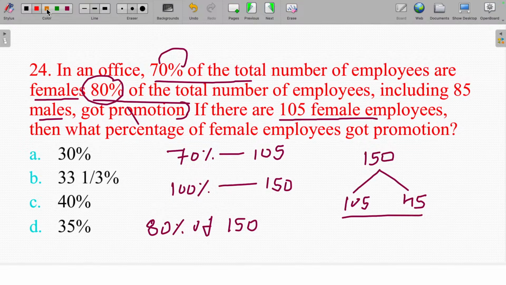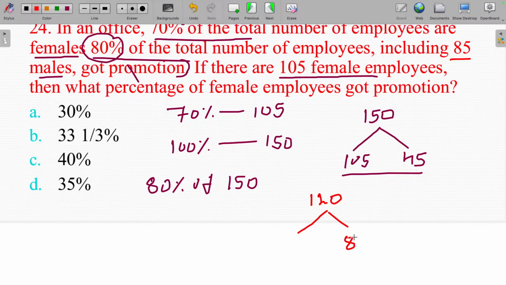Yes. Out of 120 got promotion, total males are 85. Sorry, this is not 85. Okay. 120 is the total promotion.